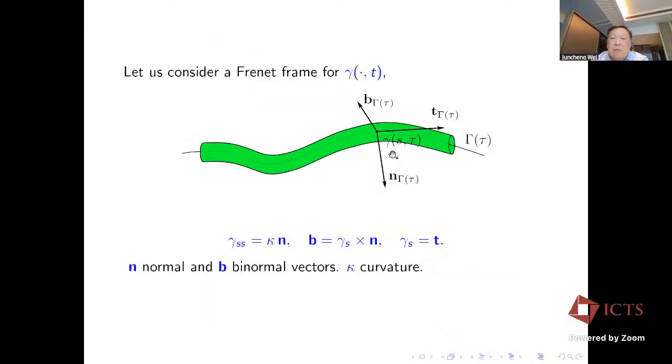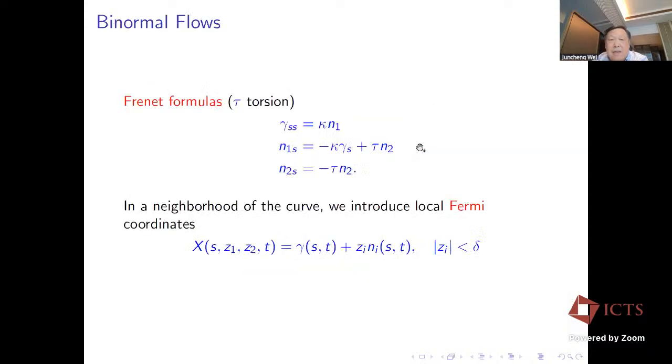If we consider a tube along the curve, and you use the Frenet framework, you have a normal direction, a binormal direction, and the tangent direction, and we have the Frenet formula. In a neighborhood of the curve, we can introduce the Fermi coordinate.